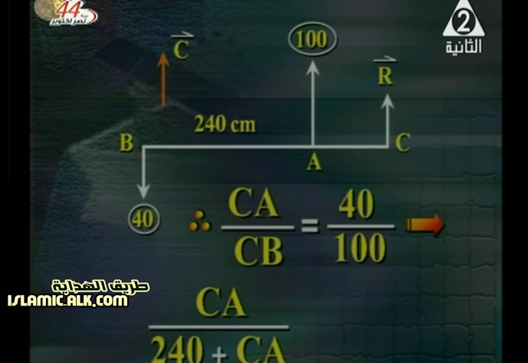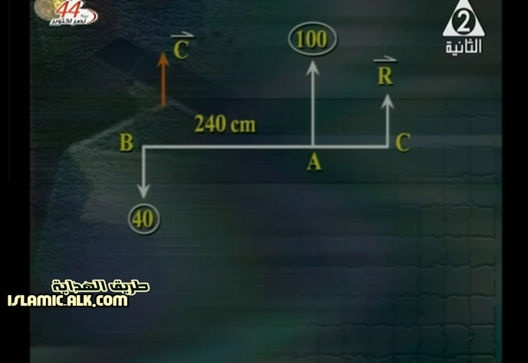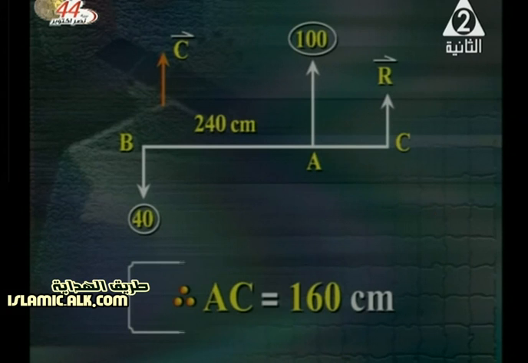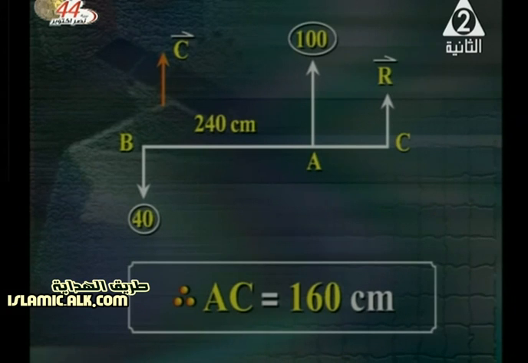Then CA over 240 plus CA equals what? 2 over 5, the simplest form of 40 over 100. Then the equation becomes CA over 240 plus CA equals 2 over 5. By using cross multiplication, AC equals 160 centimeters.